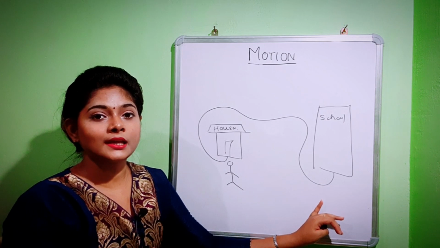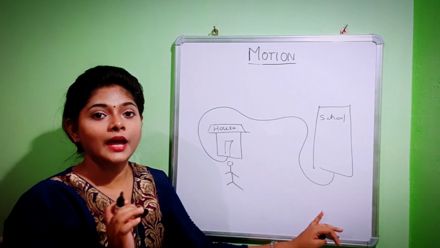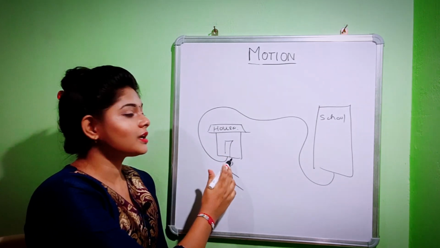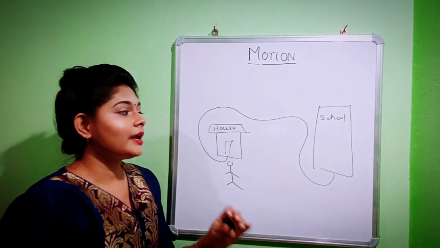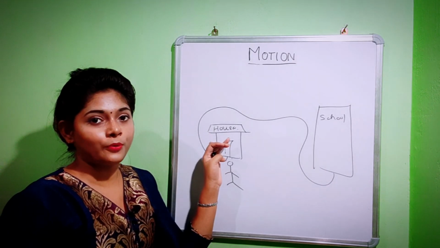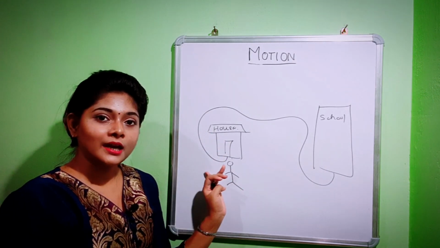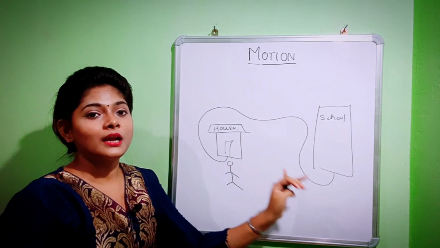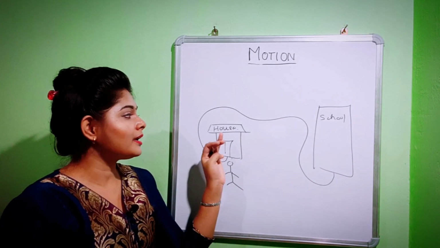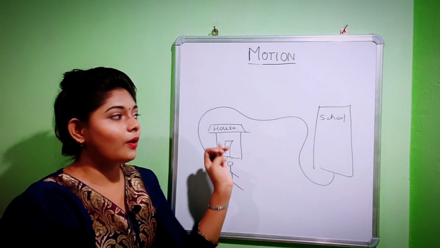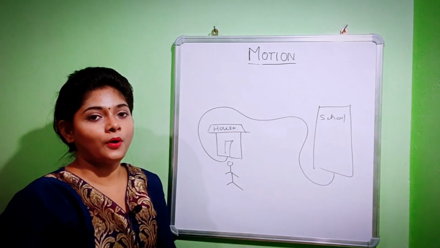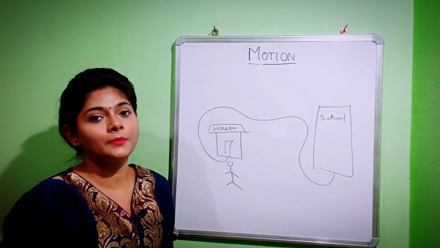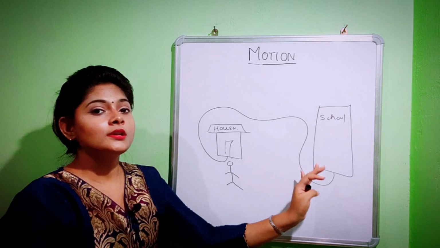So what is distance? Distance is the actual path covered by any object from the initial point to the final point. Here, house is the initial point where Ram started his journey, and the final point is school where Ram ended his journey. So this is the actual path, actual length covered by Ram to reach the school.